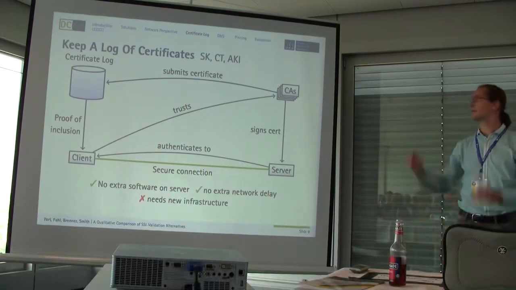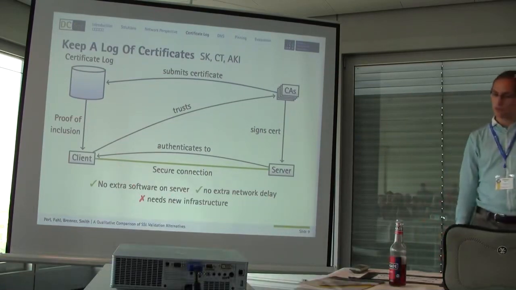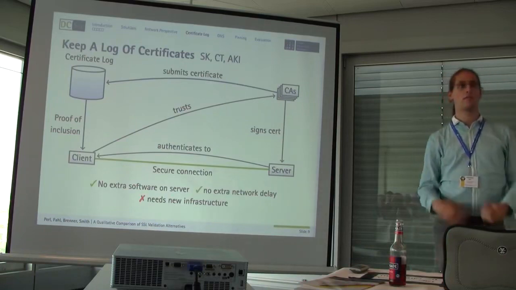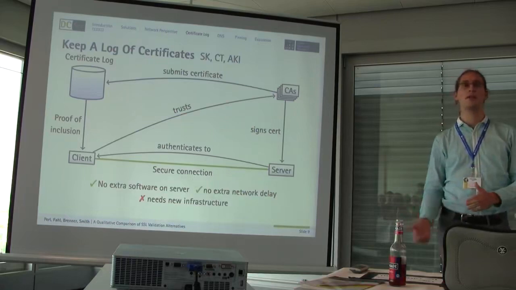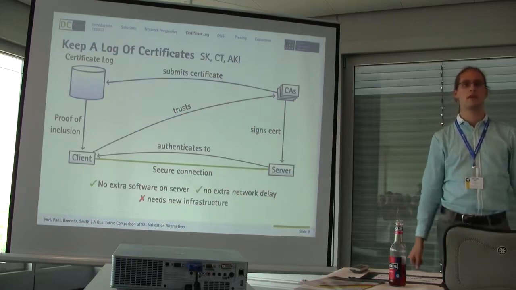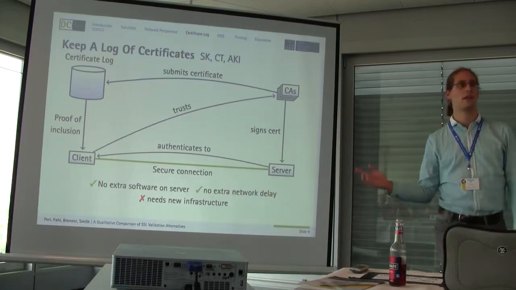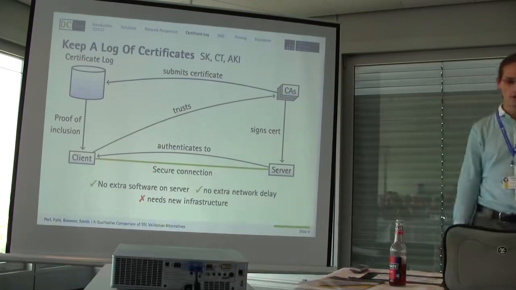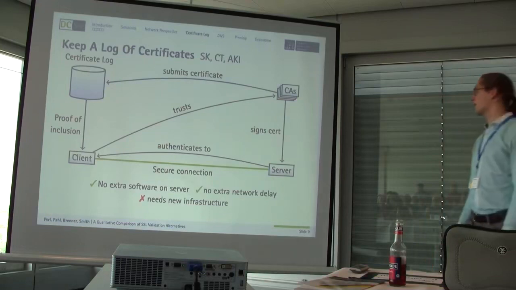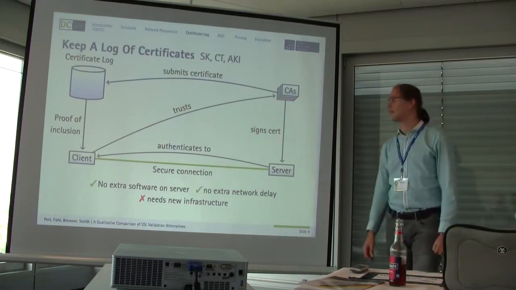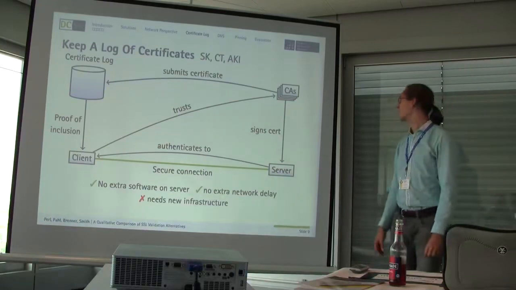So with that scheme, one hopes to ensure that if certificate authorities sign malicious certificates, then it will be public knowledge in a short time. So the advantage, once again, is that we have no extra software on the server.